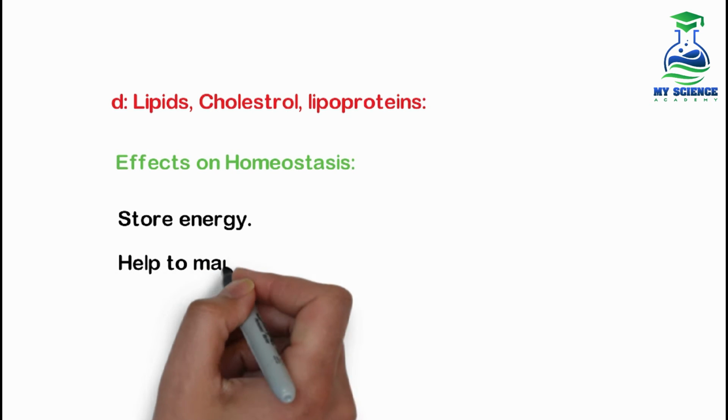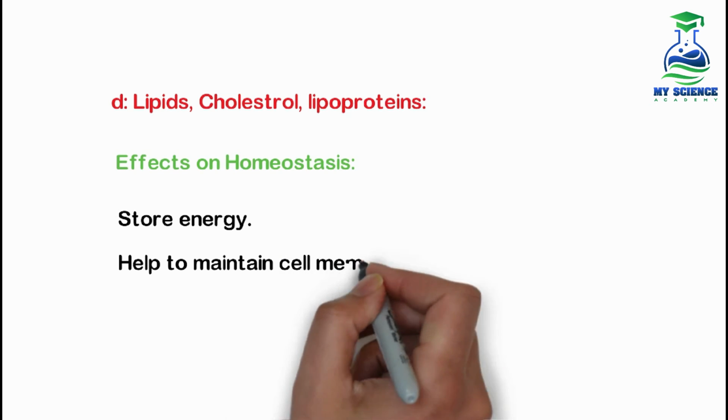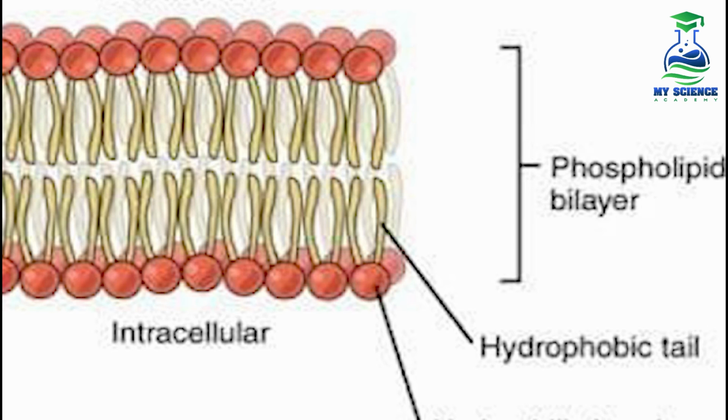They also help to maintain cell membrane. Here in this diagram, the structure of a cell membrane can be seen where there is a phospholipid bilayer. It means that the lipids are an important part of the cell membrane in making its structure.